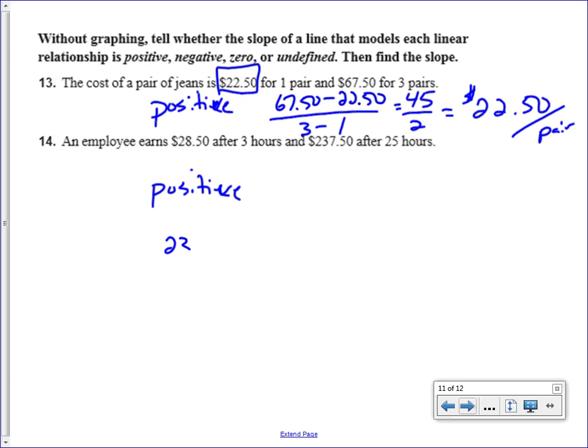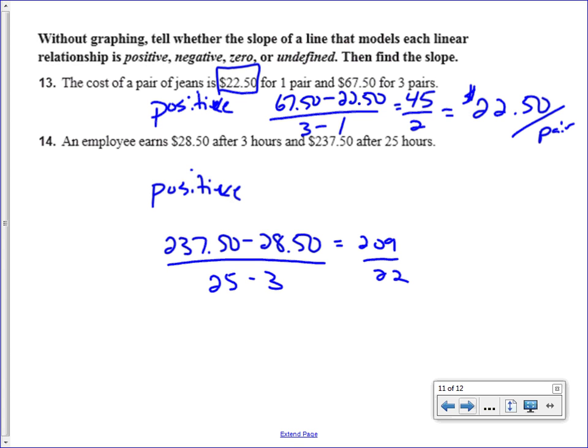So you'd have $237.50 minus $28.50, which is $209. It goes up. And we went 25 minus 3 hours is 22. So $209 for 22 hours. That's $9.50 per hour.